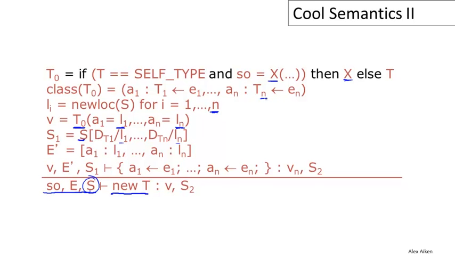And we have to think about what the environment is in which those attributes are initialized. And remember, the rule is that within an initializer of an attribute, all the attributes of the class are in scope. So the environment, in this case, for the initializers, will just consist of the attributes themselves.